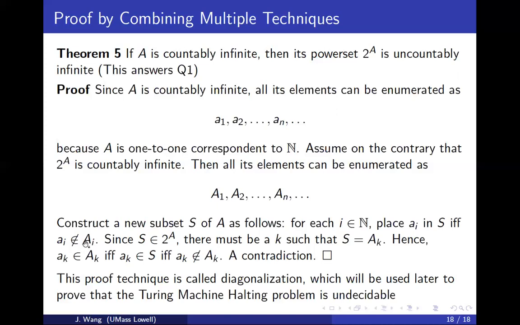If it's in this set, we're not going to put it in S. If it's not in this set, we're going to put it in S. So of course, S is a set.